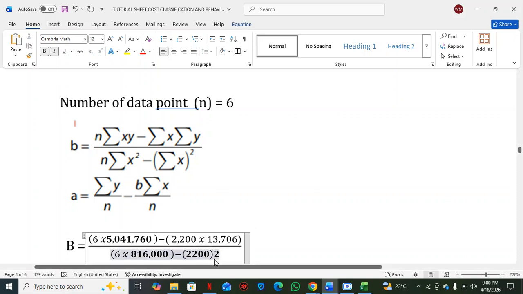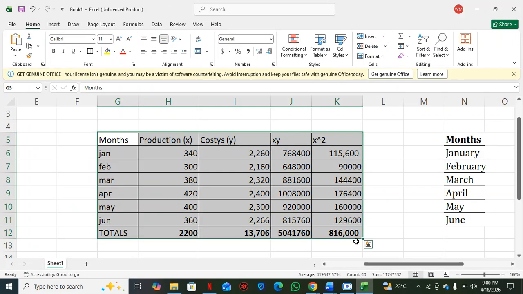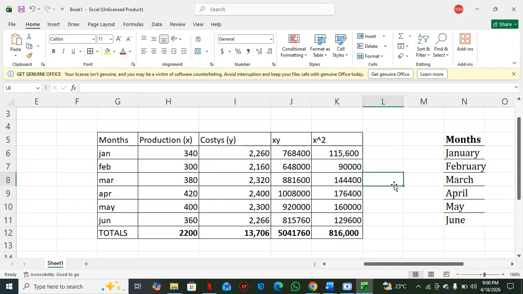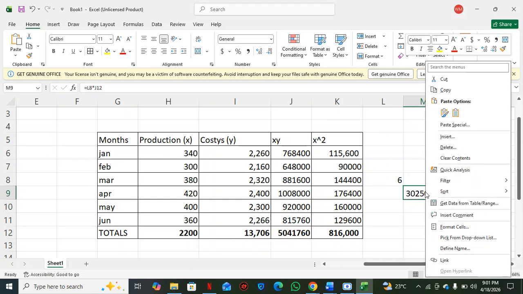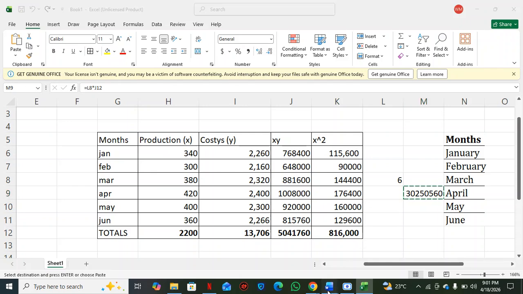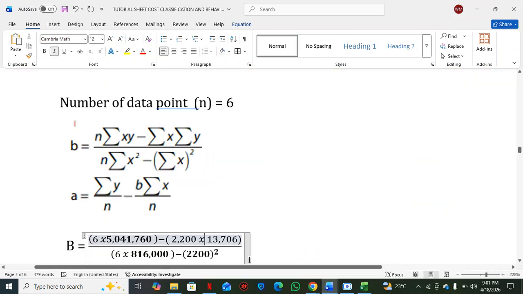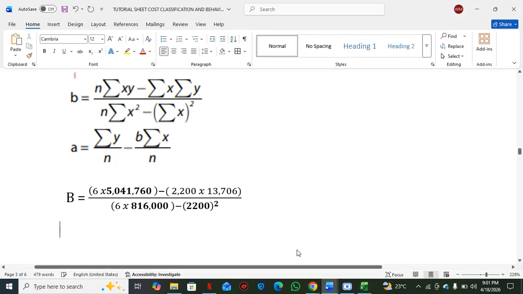So now we can do our simplifications. 6 times 5,417,760, you get this number here. Just use Excel here.